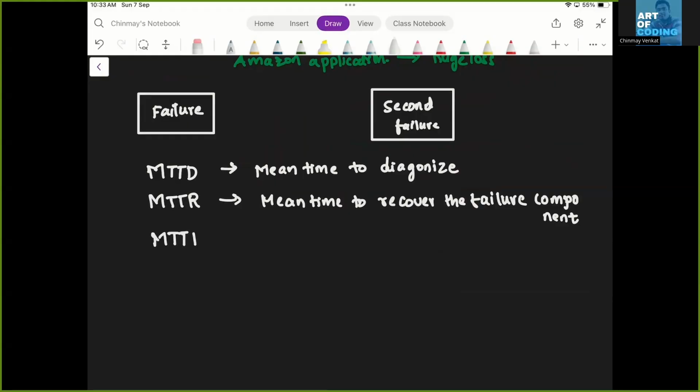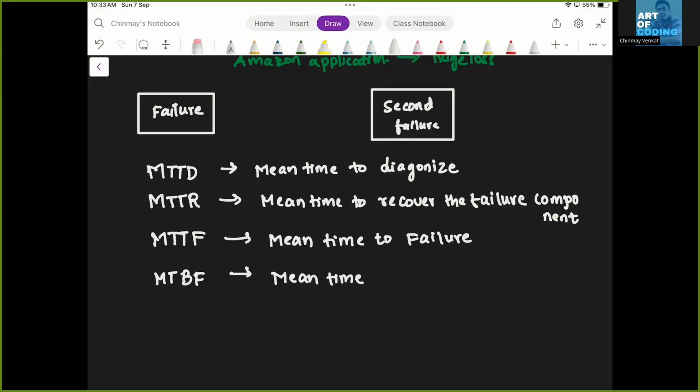MTTF, mean time to failure. MTBF, mean time between failures. These are the parameters.